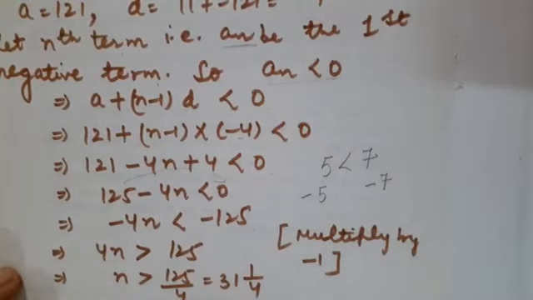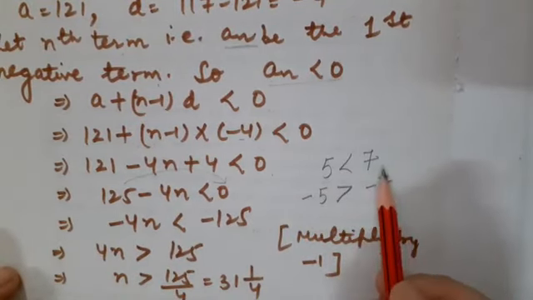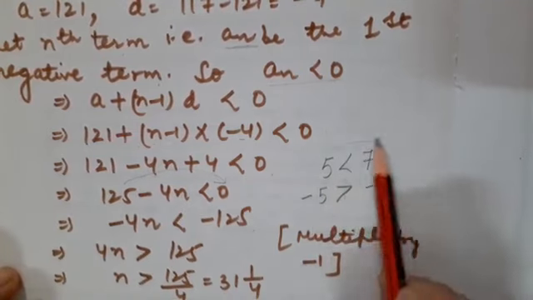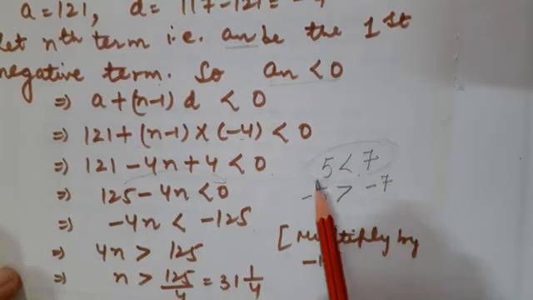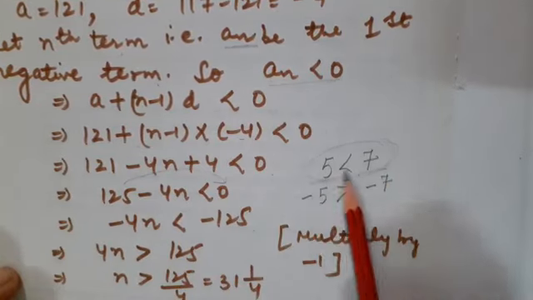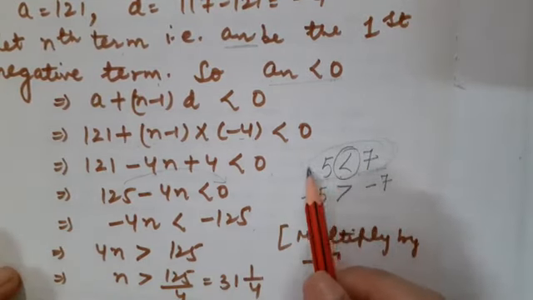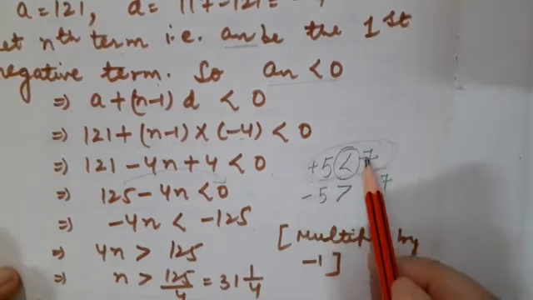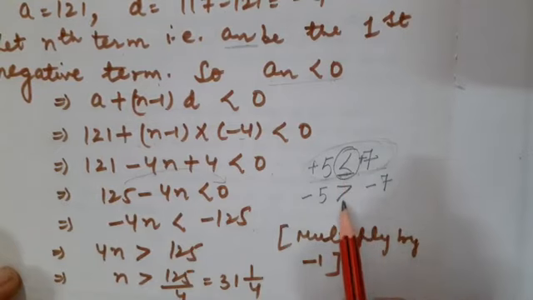No. It would become that minus 5 is greater than minus 7. So what did you observe? Whenever you have an inequality given, and you multiply this complete expression by minus 1, then after changing the sign, you must also change this inequality sign. This plus has become minus, here also it was plus, has become minus. But what about this inequality sign? The sign of less than would become greater than.